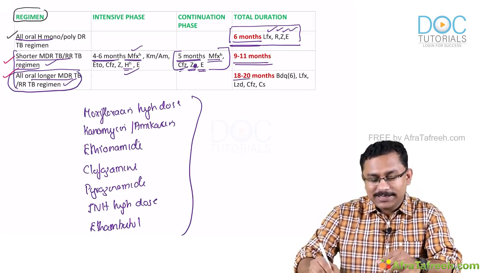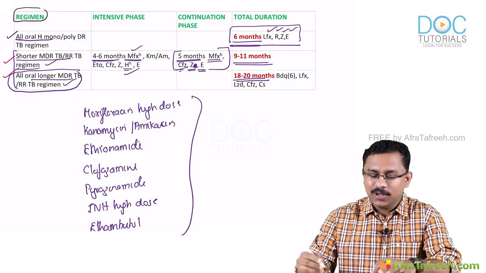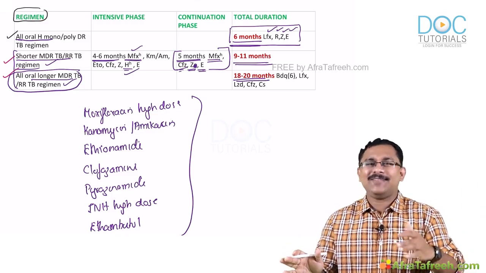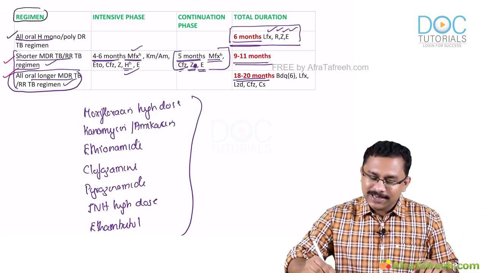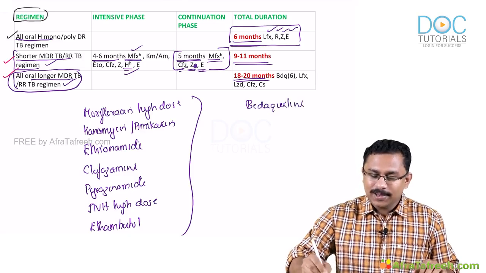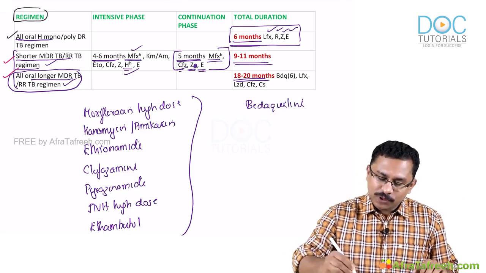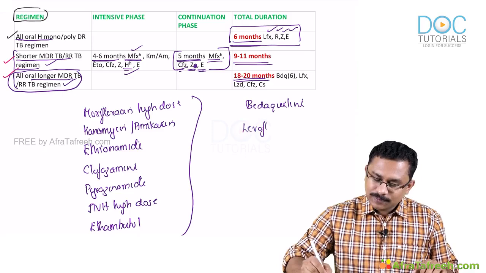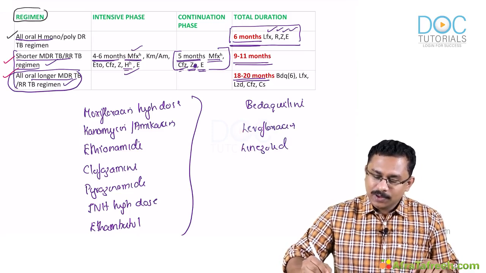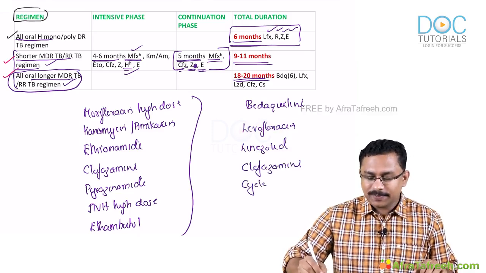Longer means the duration is longer, around 18 to 20 months. Remember the longer regimen does not have an intensive phase and continuation phase. The agents are bedaquiline, levofloxacin, linezolid, clofazimine, and cycloserine.